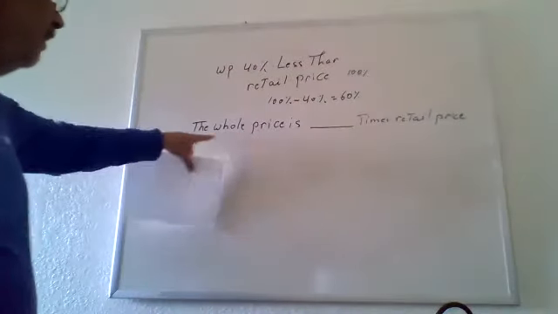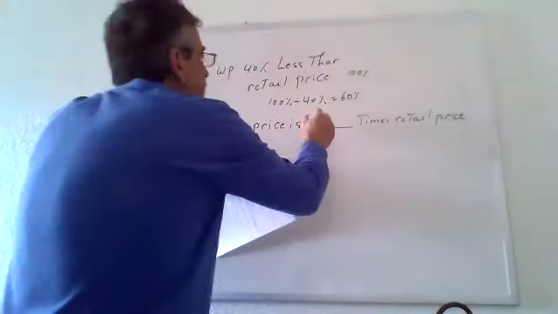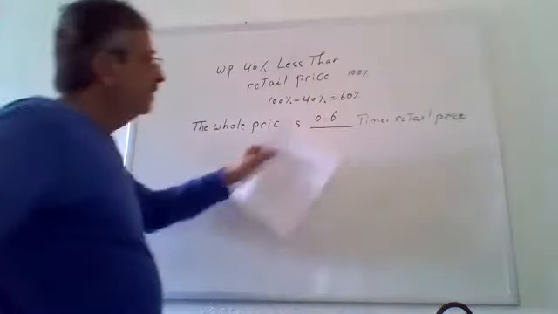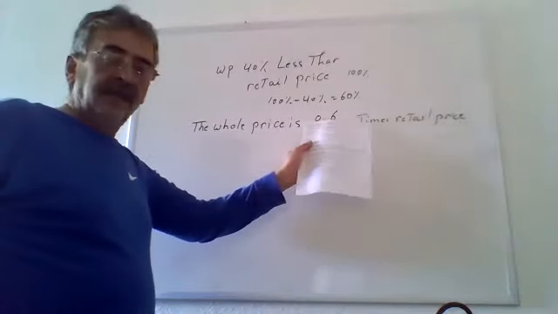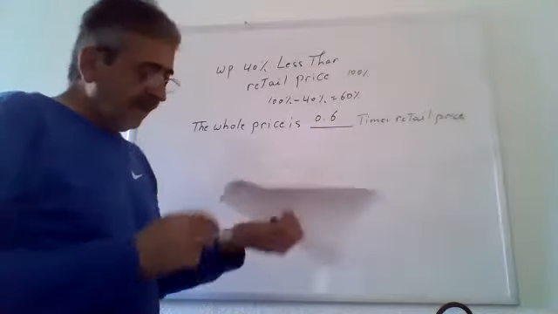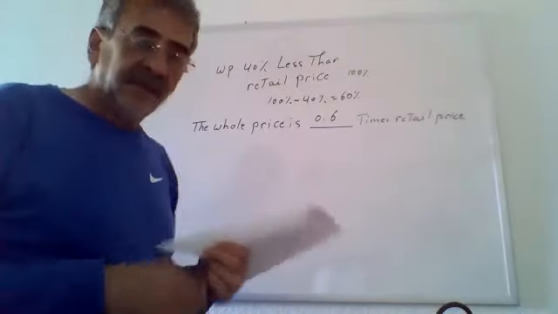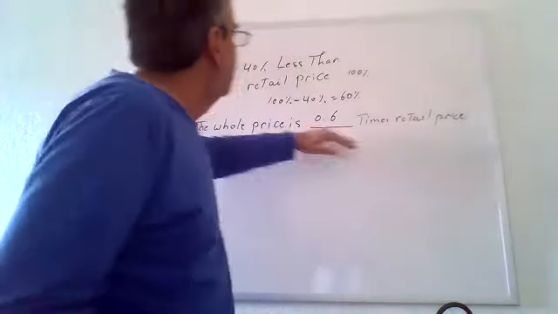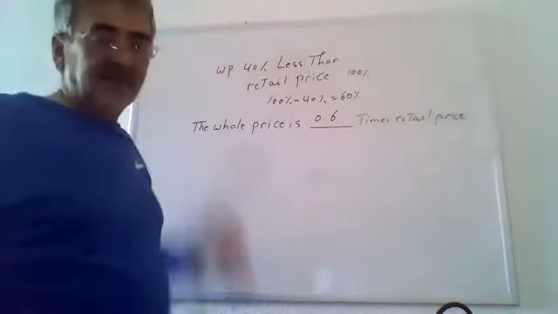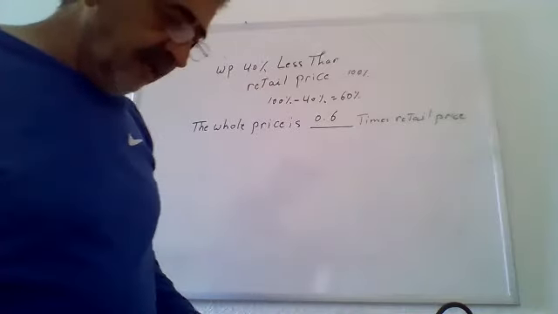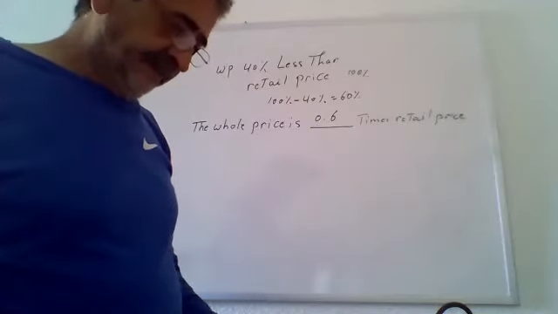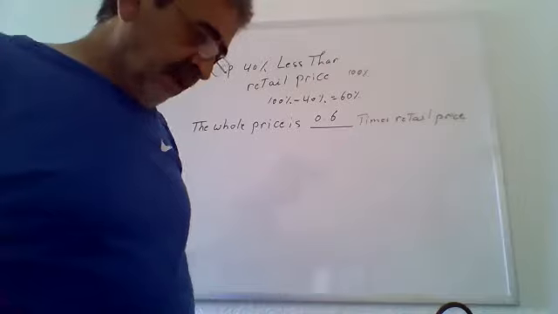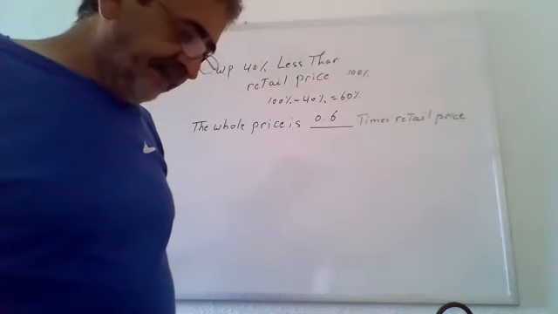And therefore the wholesale price is 0.6, because we're going to use decimal notation. If I take 0.6 times the retail price, that'll give me whatever the wholesale price is. We clear on that? So next one.